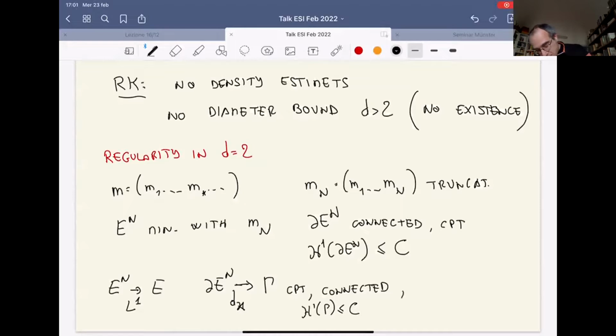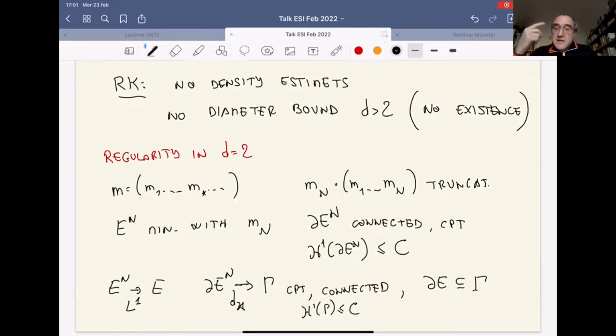And then you also have that the boundary of the minimizer, where I should specify that the boundary is a measure theoretic boundary, so you take the points where you are not always inside a chamber or outside every chamber for all radii, is contained in gamma.